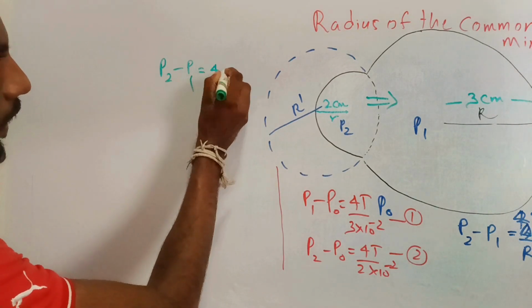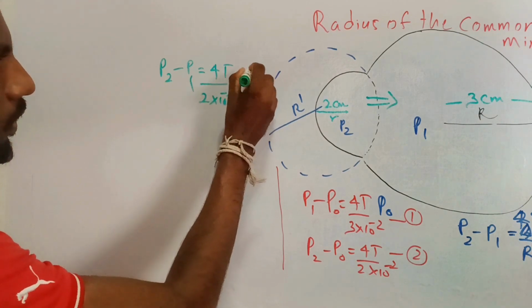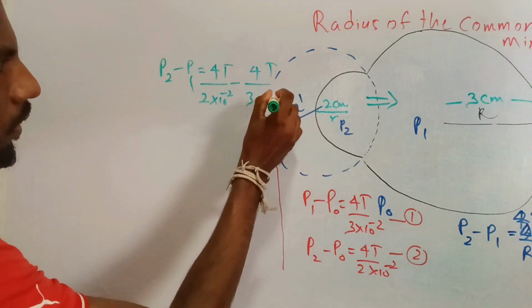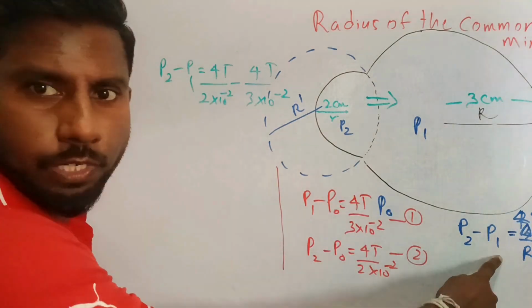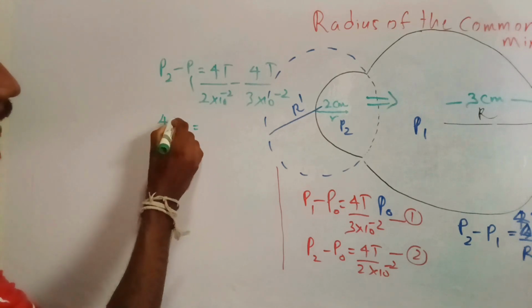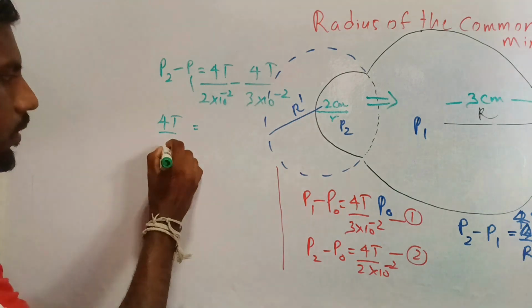So 4T over 2 into 10 to the power minus 2 minus 4T over 3 into 10 to the power minus 2 must be equal to 4T over R dash, from the other equation.